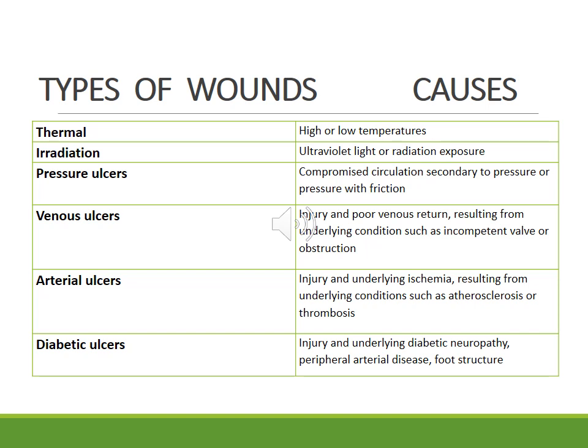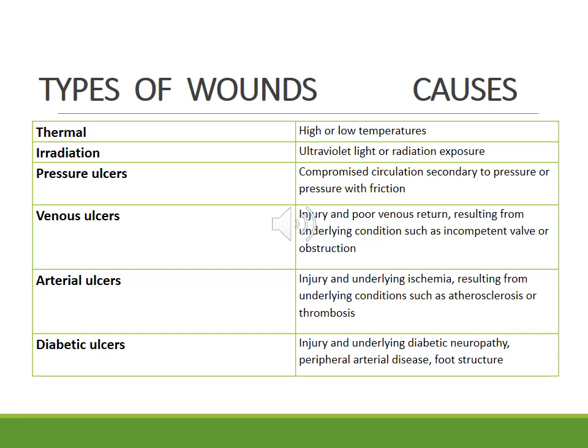We're going to get really in depth in this PowerPoint with pressure ulcers. We're going to talk about staging of them. They are a huge problem, especially in our elderly. But basically, they're caused by compromised circulation, secondary to pressure, or some pressure with friction, and they cause this break in the skin.